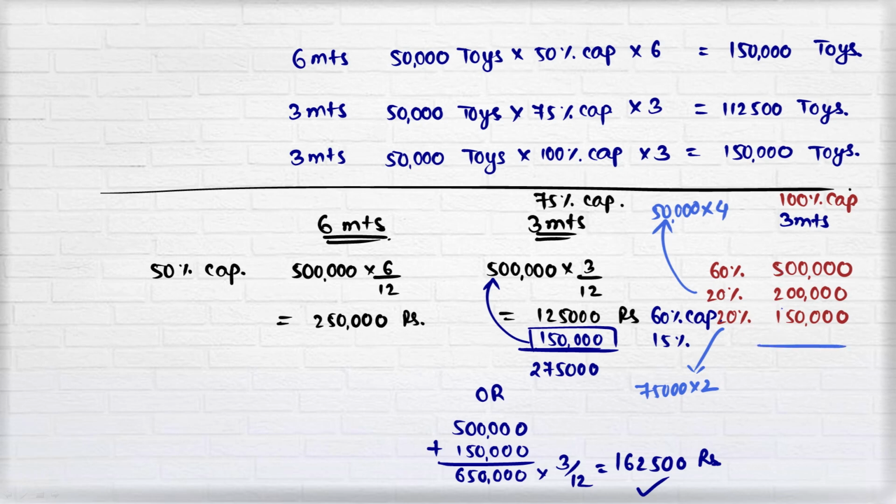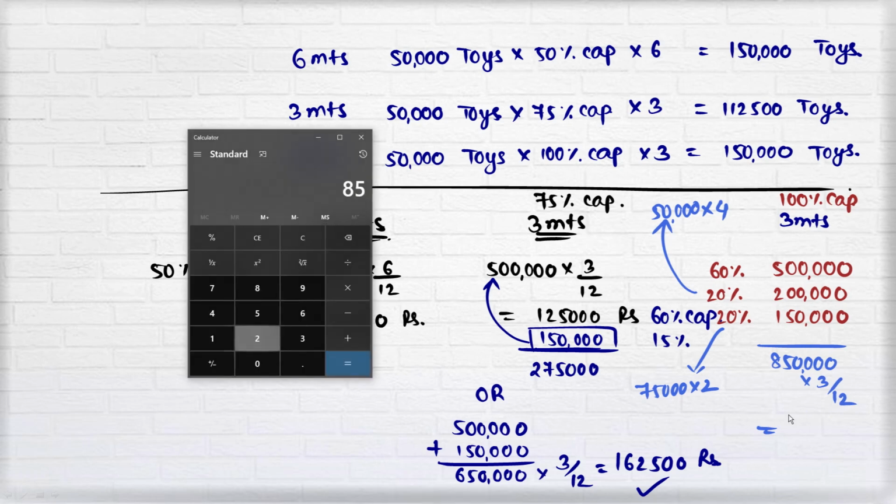Total cost is 8,50,000 into 3 divided by 12. It is 21,250? No. 2,12,500.